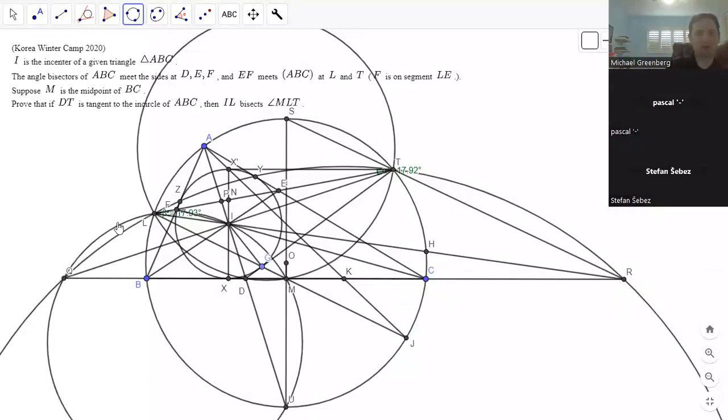And then all those points would lie in a circle. All right, let's spend a couple more minutes and then we can move on to the next problem.